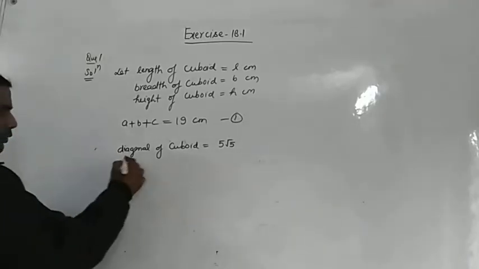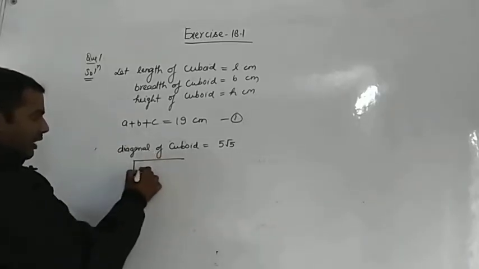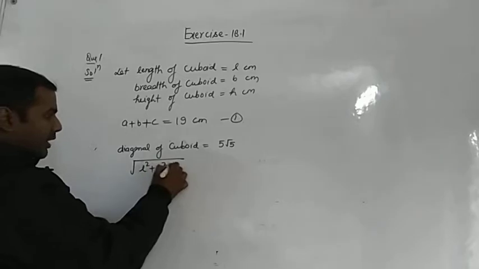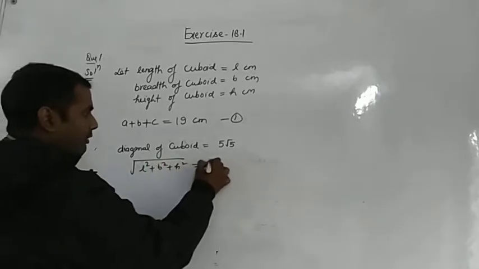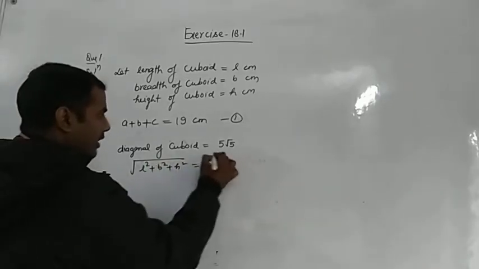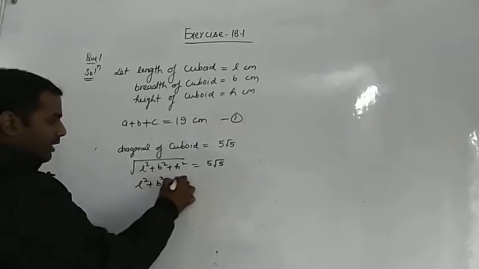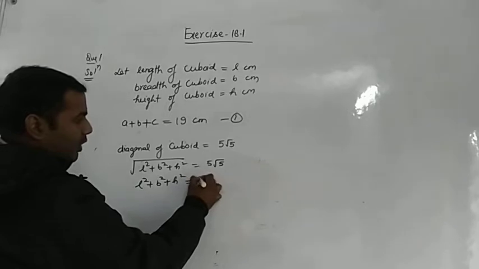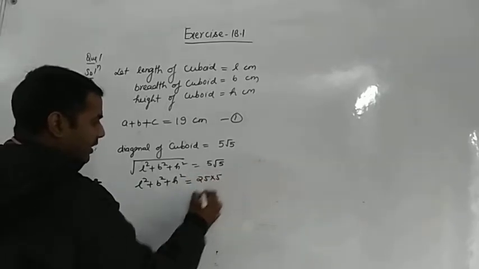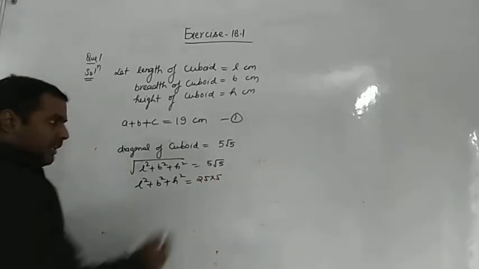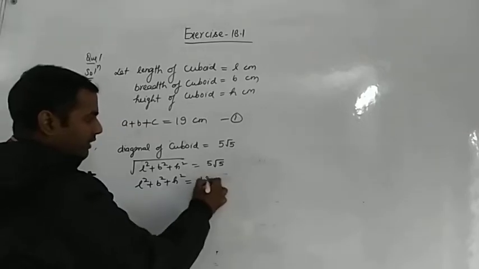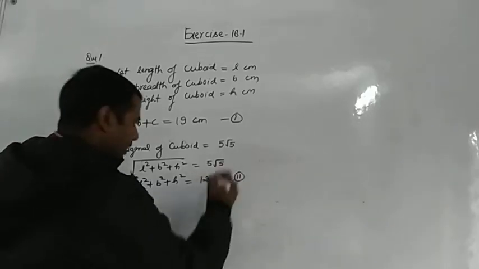Now, as we know, length of diagonal of cuboid is under root L square plus B square plus H square equal to 5 root 5. Squaring on both sides, L square plus B square plus H square equal to 25 into 5 is equal to 125. Now 125, equation number second.